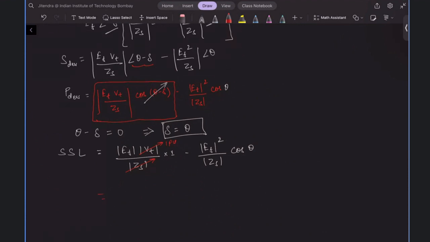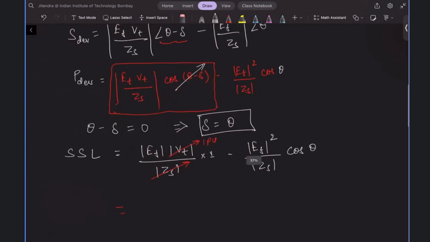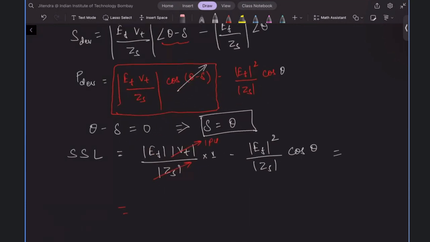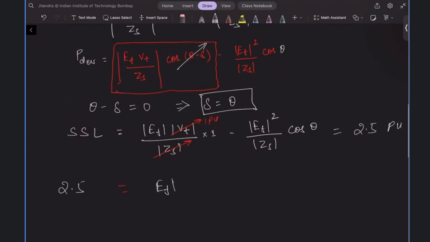So the unknown term is EF, right? And the static stability limit is given as 2.5 per unit. So 2.5 is equal to EF Vt by Zs, did you guys calculate?